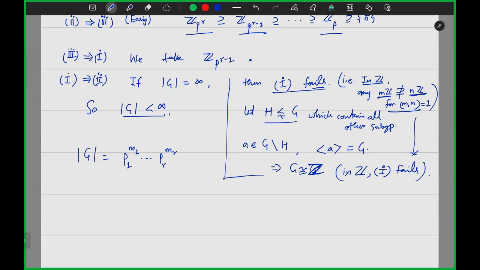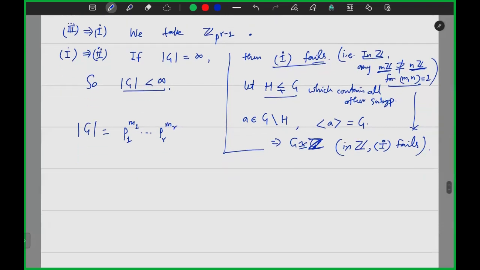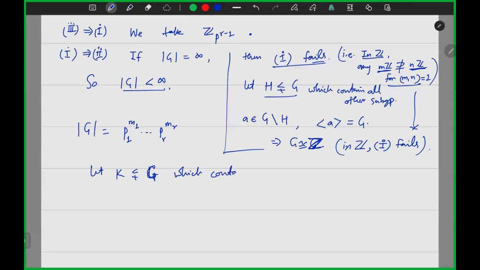Does there exist a proper subgroup which contains all other subgroups? Let again K be the proper subgroup of G which contains all other subgroups.